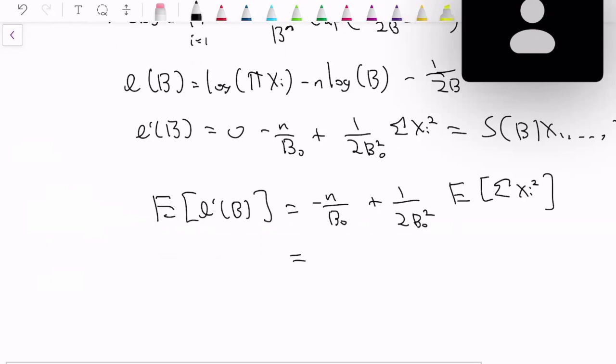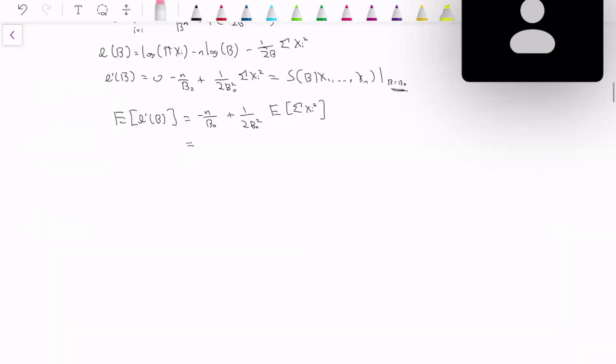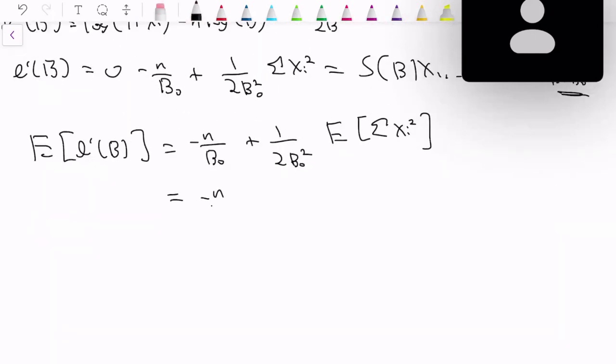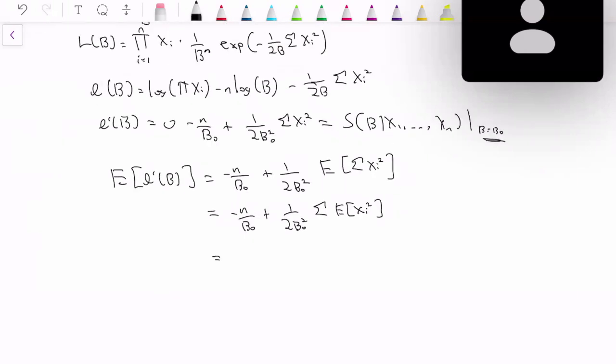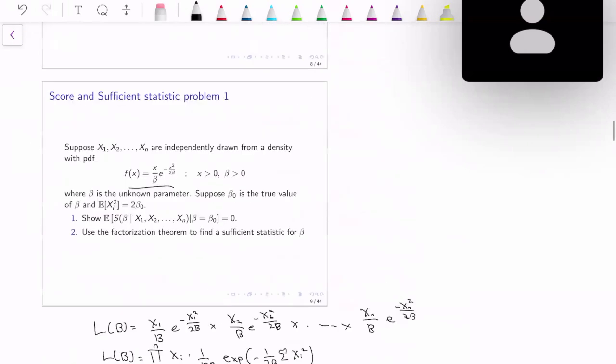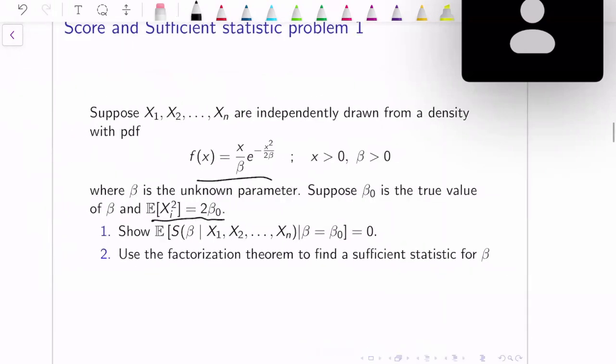We're just applying expectation inside, so it'll be the sum of the expectation of each xi squared. And we're given that the expectation of the second moment is 2 beta naught.